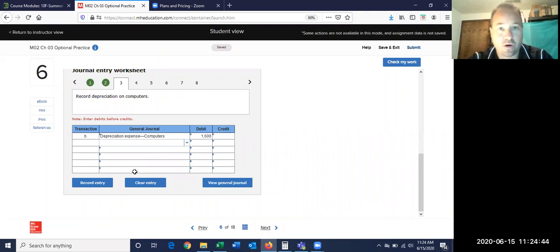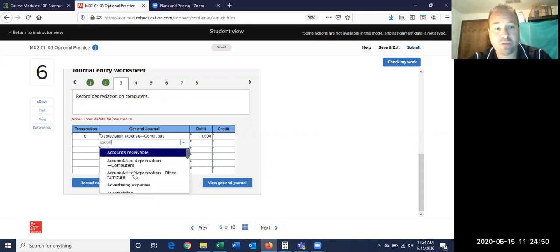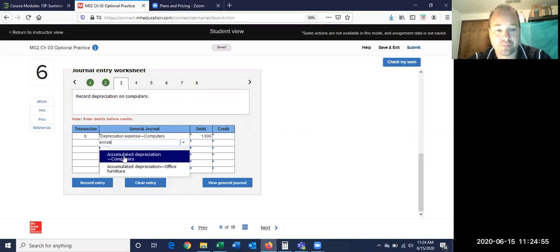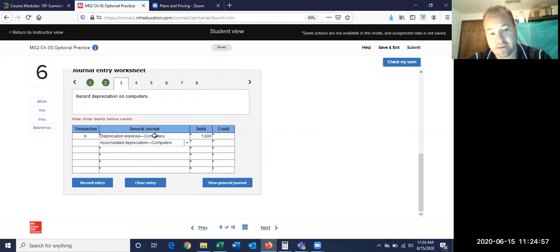And then back to part 2 of our lecture, remember, depreciation expense and accumulated depreciation always go together. We want to pick, in this case, the computers. The accumulated depreciation for the computers, that one we do need to keep separated out always, no matter what the problem is.